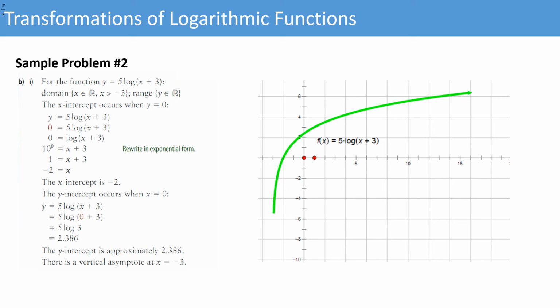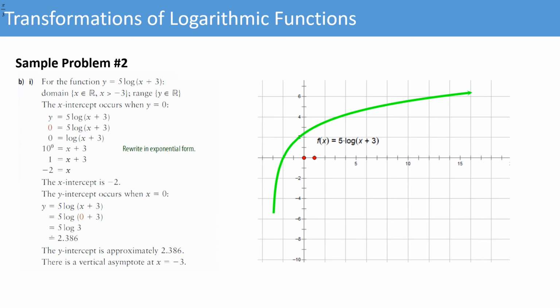Y is equal to 5 log(x plus 3). 0 is 5 log(x plus 3). 10 to the 0 is x plus 3. 1 equals x plus 3, so x must be negative 2. The x-intercept is negative 2.